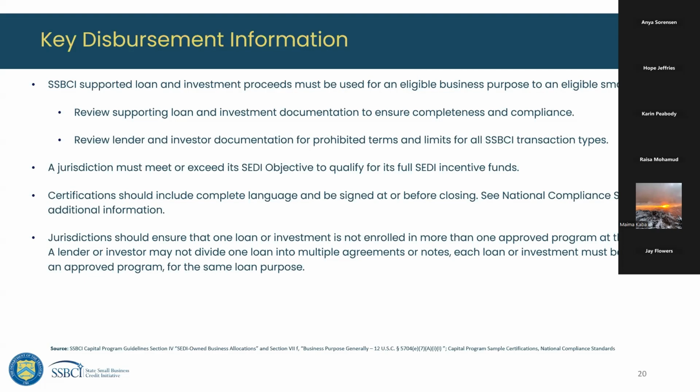That's probably one of the more obvious ones. We encourage you to please review lender documentation for prohibited terms and limits for all SSBCI transaction types. Also, please look at the necessary certifications, loan investment documentation, commitment letters, and all of that prior to submitting the sample to us here at SSBCI.